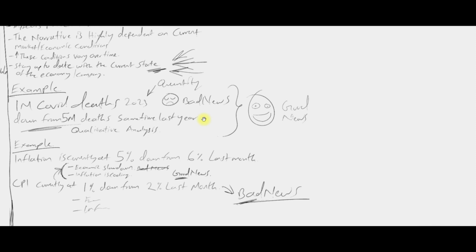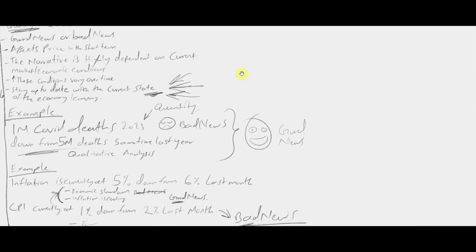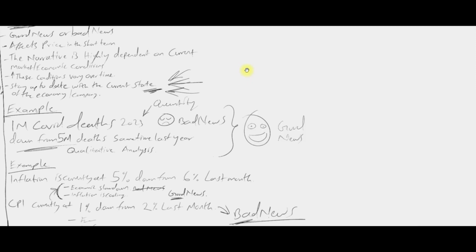When it comes to staying up to date with the current state of the economy, there are economies where application of fundamentals works well. There are economies where keeping up with the fundamentals is very hard because in most cases the data comes out late or is inaccurate and there are not very many sources to rely on.